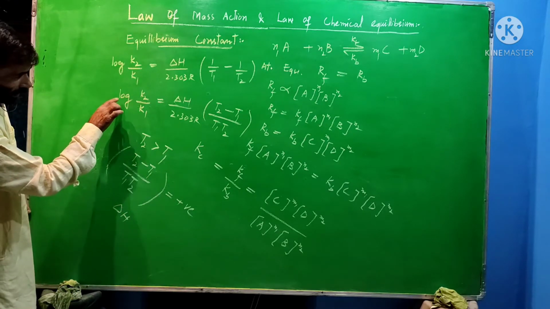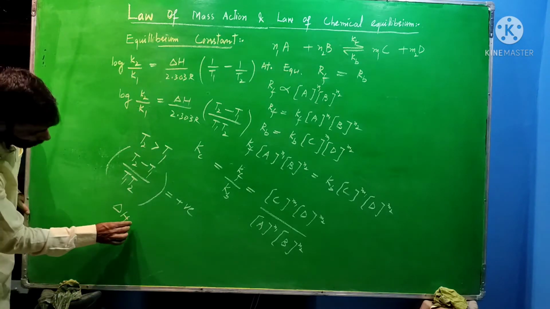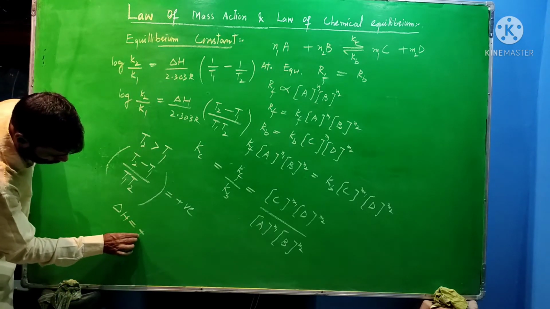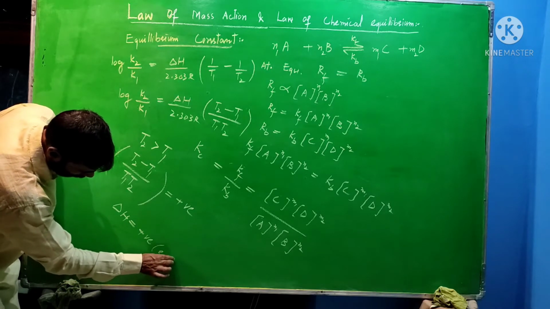After that, the ratio will depend upon the value of enthalpy. If delta H is positive, we know that is for an endothermic reaction.